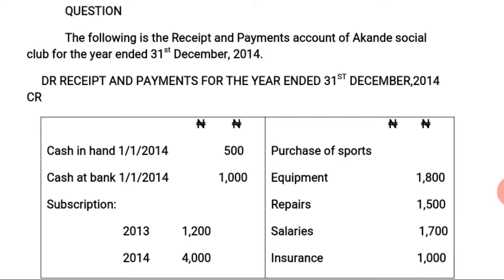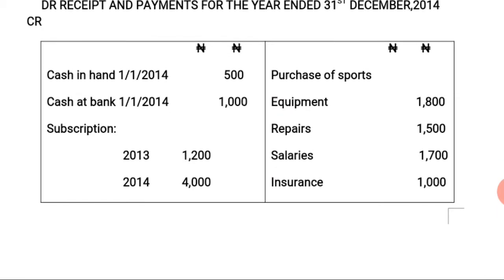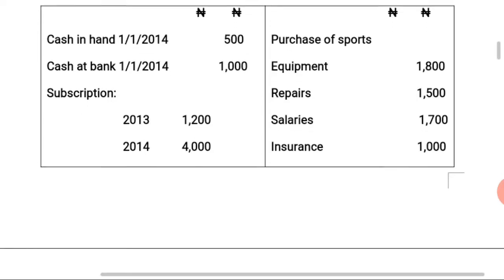We have the debit and credit side of the receipt and payment account for the year ended 31st December 2014, and we have the denomination, which is still naira, and on the debit side of the receipt and payment, we have the cash in hand as at the 1st of January 2014, which stood at 500 naira. The cash at bank as at 1st January 2014, that one was 1000 naira.